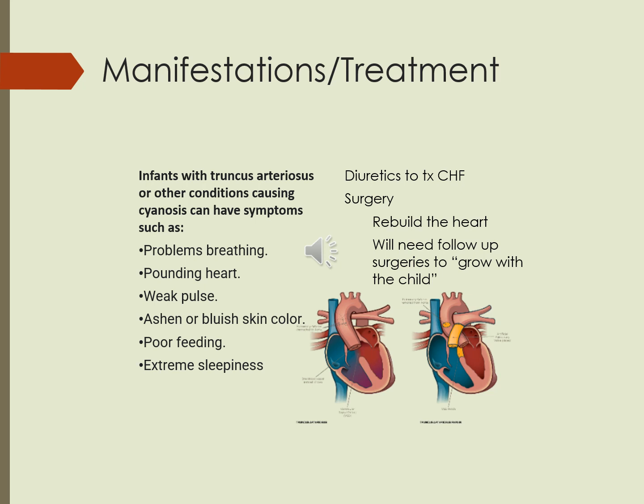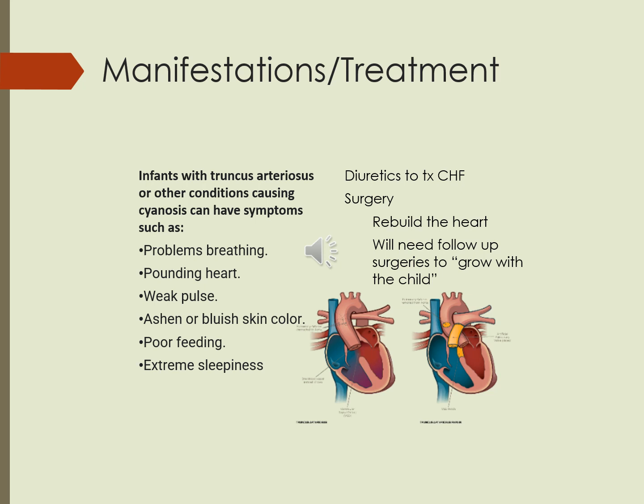So, infants with truncus arteriosus or other conditions causing cyanosis can have symptoms such as problems breathing, pounding heart, weak pulse, ashen or bluish skin color. Why? Not getting oxygen, right? Poor feeding, again, don't have any oxygen for energy, and extreme sleepiness. So treatment for that is going to be diuretics to treat that congestive heart failure, and surgery.